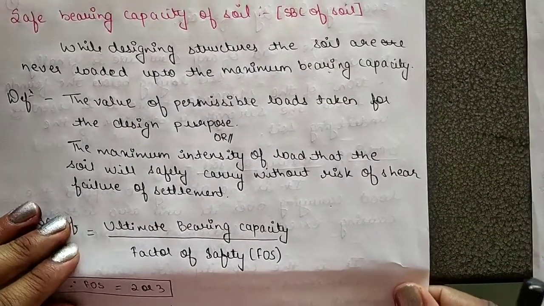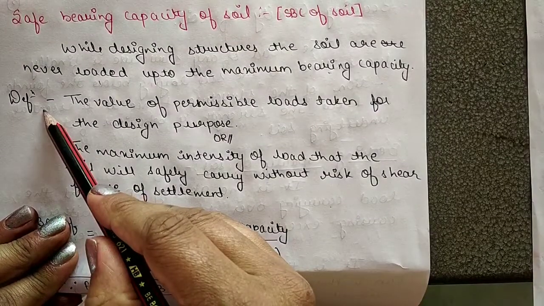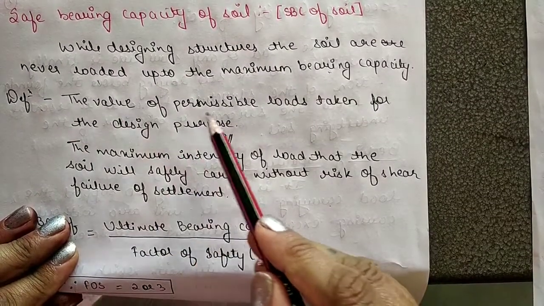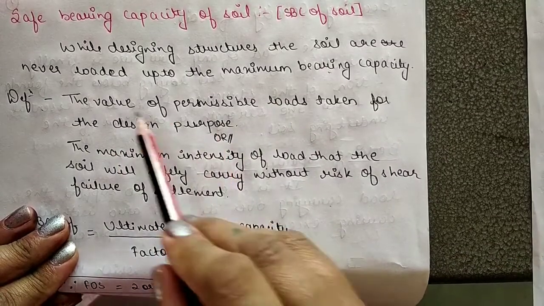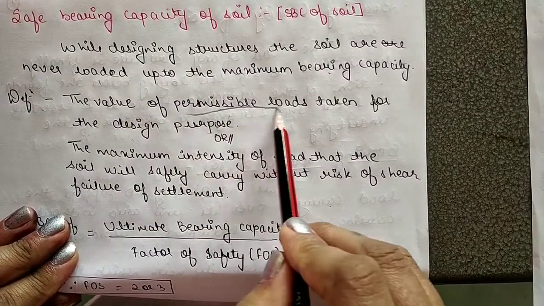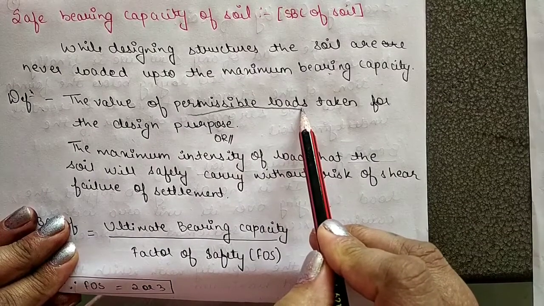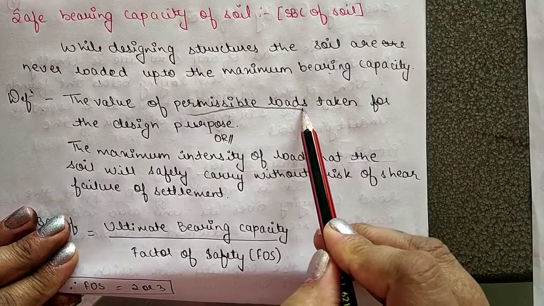So the definition for safe bearing capacity is the value of permissible load taken for the design purpose. Only that much of the load can be loaded so that the structure is safe.